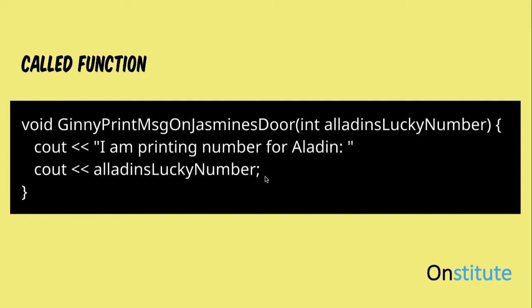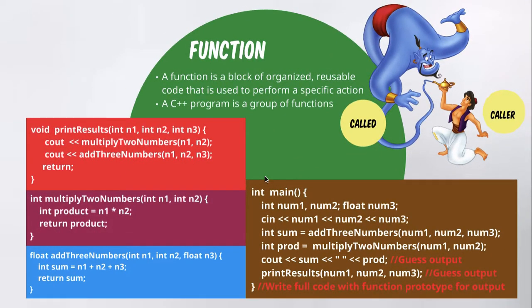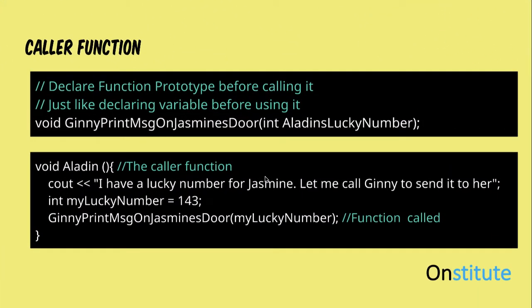Now let us look at some of the minute details and the syntaxes in the caller and called function both. So let us go back to our previous slide. That is the caller function. The first thing that you will notice is that before calling the function, we have declared the function. This is just like the fact that you have to declare a variable or constant before using it.